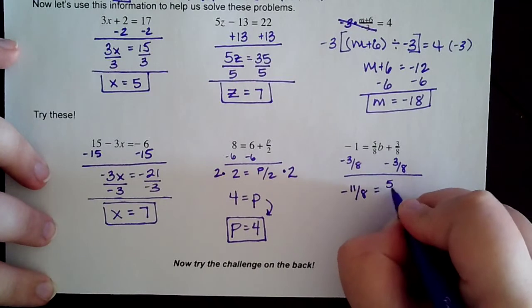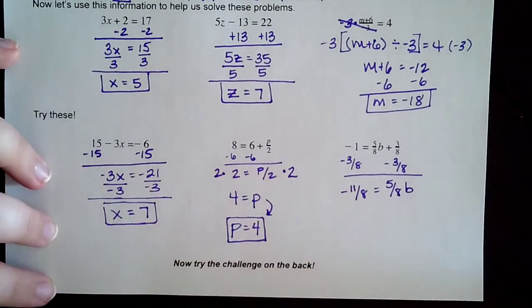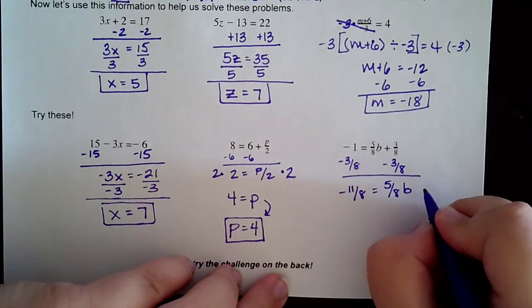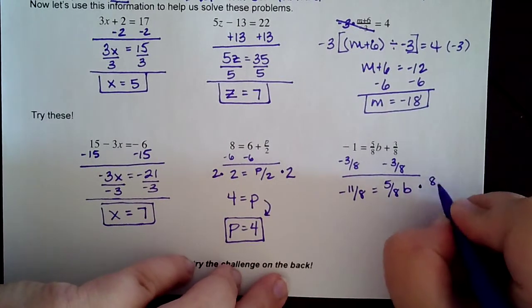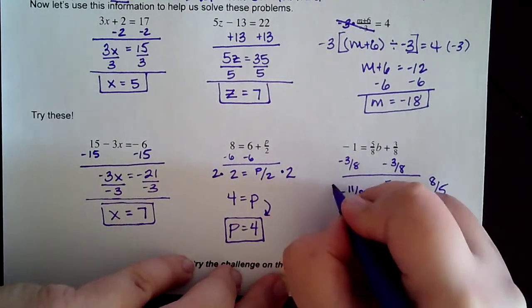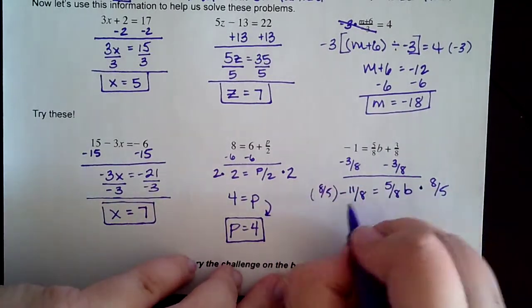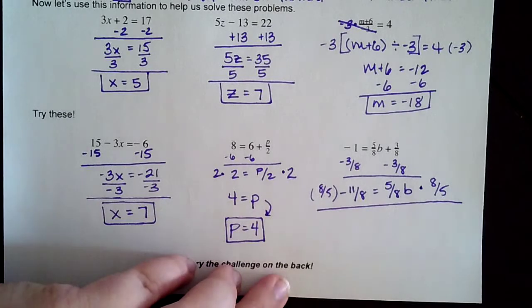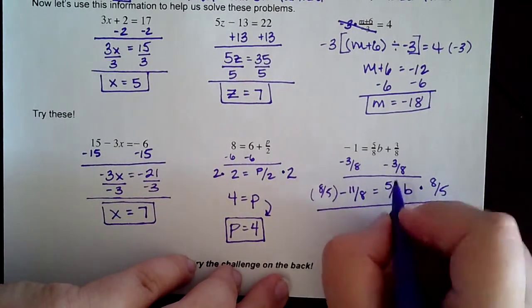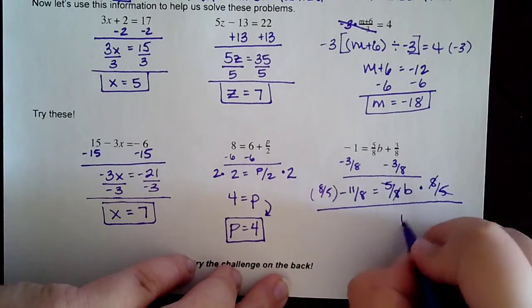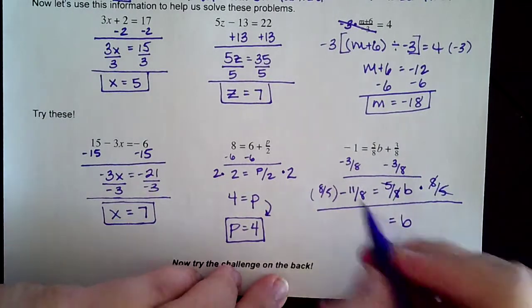equal to 5/8 b. This is being multiplied by a fraction, so in order to undo it, we multiply by the reciprocal. Do that on both sides, multiply by 8/5. New step. That cancels. 5 divided by 5 is 1. 8 divided by 8 is 1, so we're left with b on the right side.